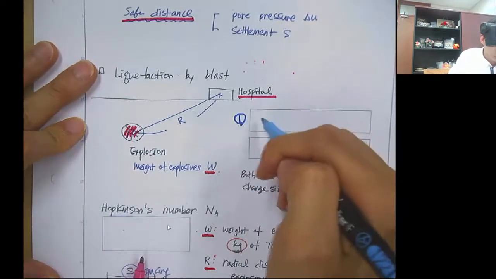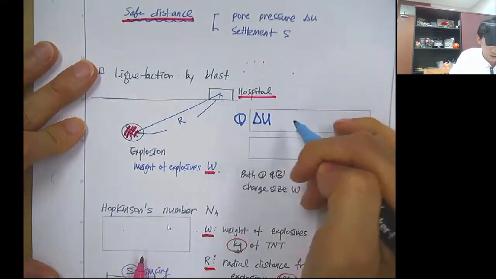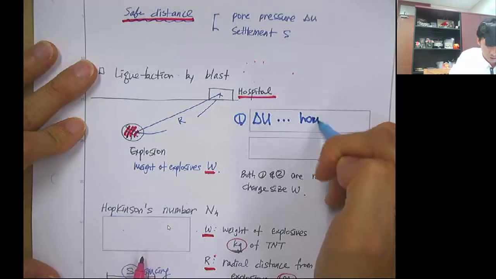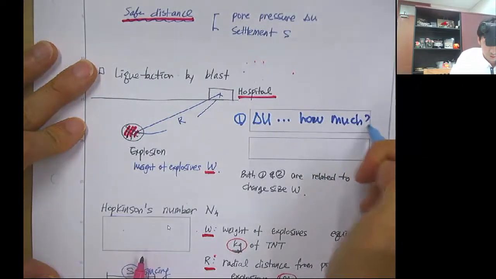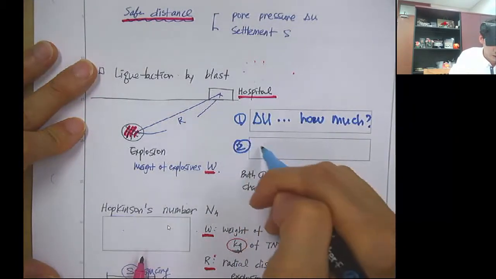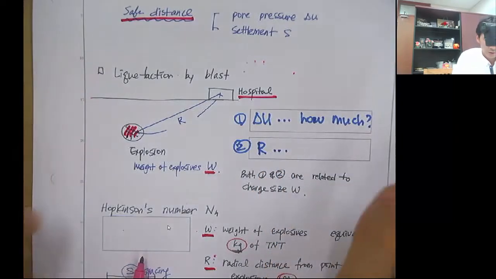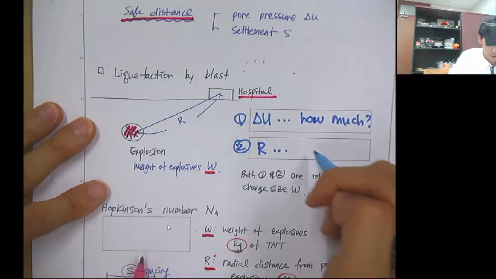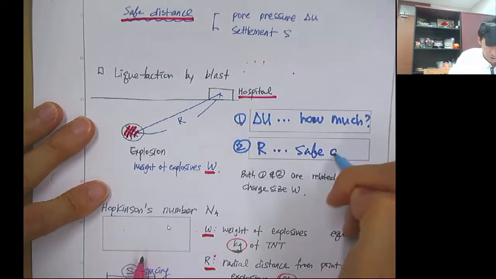the first question will be how much pore pressure will be generated. The second question is whether this radial distance from the important structure is enough: the safe distance.